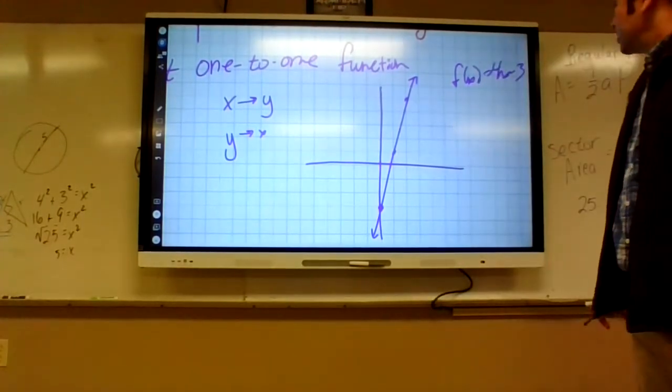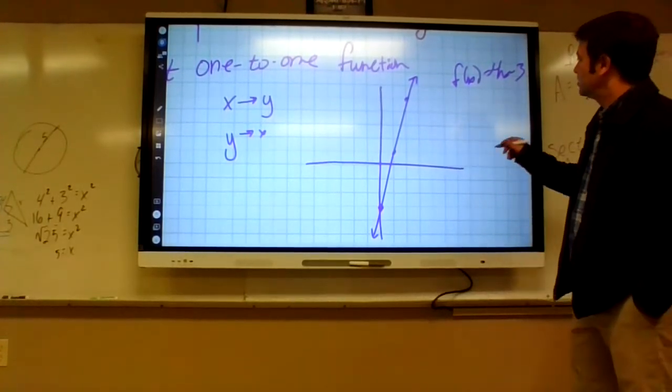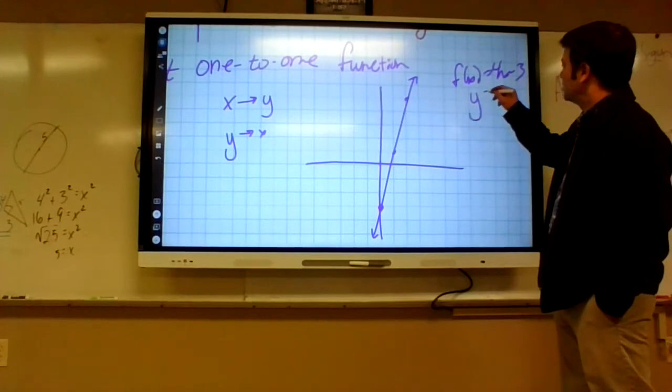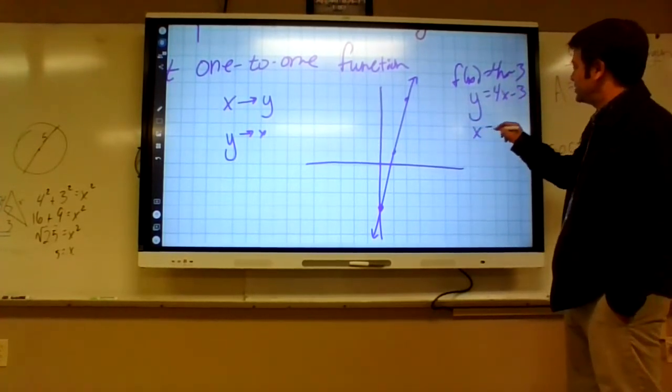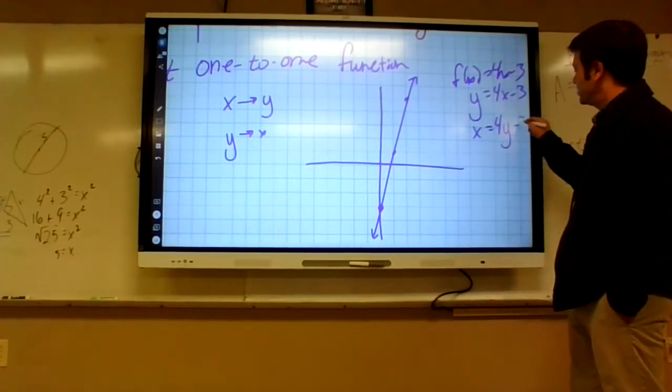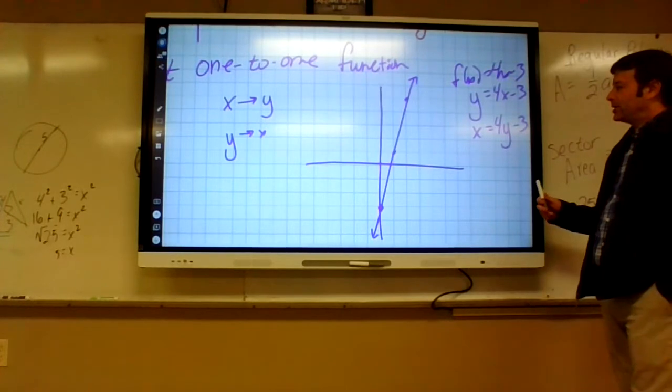Do you guys remember how I found the inverse function at the beginning? You switch the x and y values. So I'm going to write it as y equals 4x minus 3 becomes x equals 4y minus 3. And then I'm going to solve that for y. How do I solve that for y?